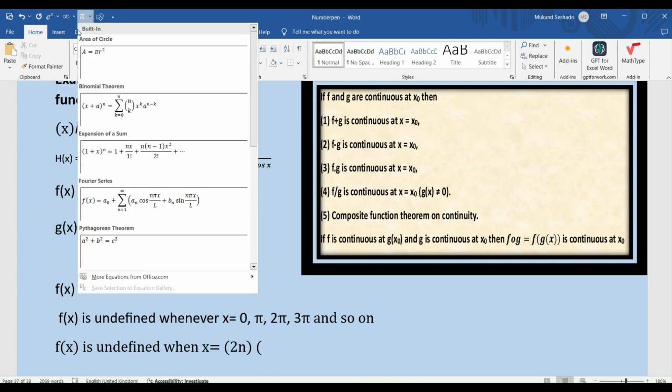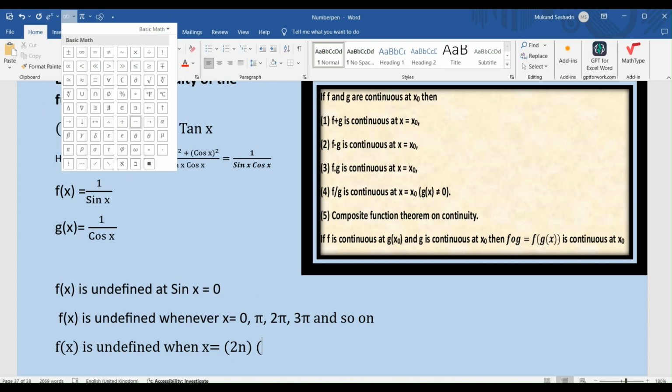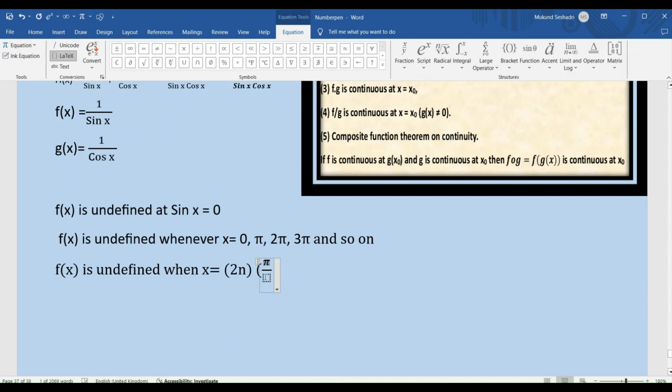So what is 2n? 2n is always an even number, with n belonging to Z, right? And when I say Z, it means the set of positive and negative integers, whereas 2n is always an even number. So whenever x equals an even multiple of pi by 2, and that's the way to define this.